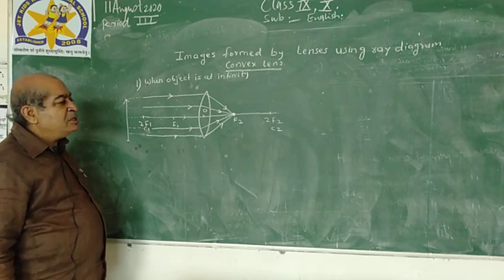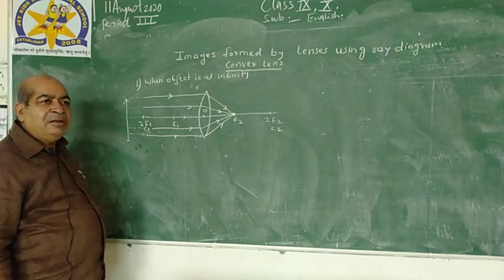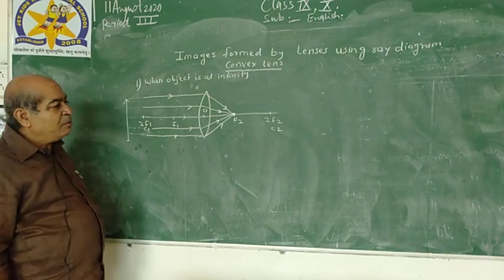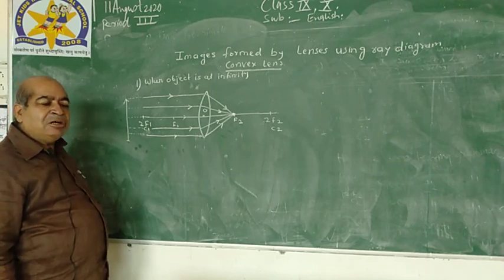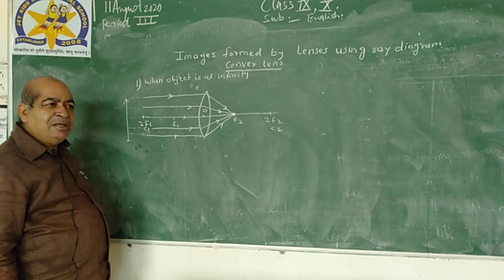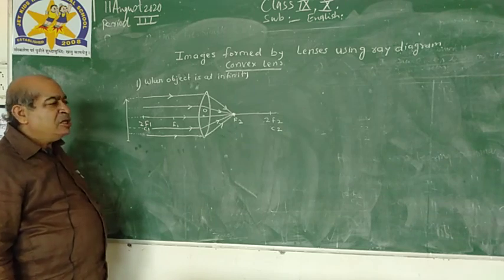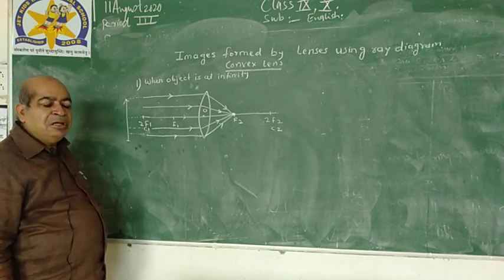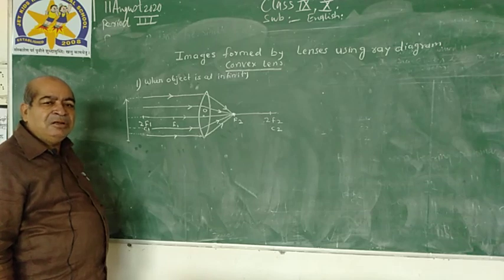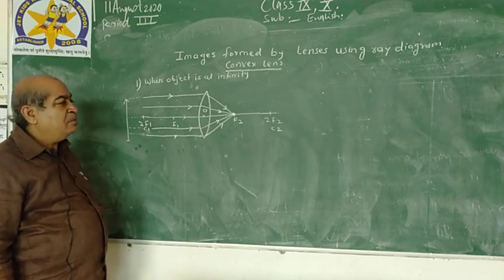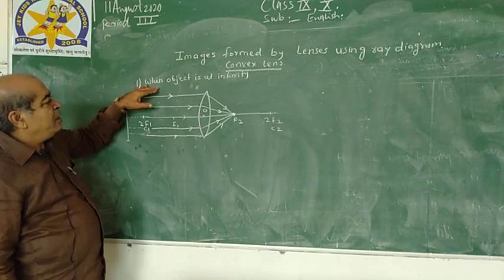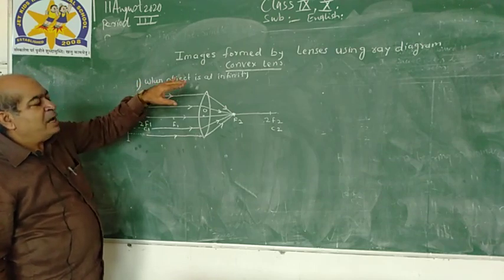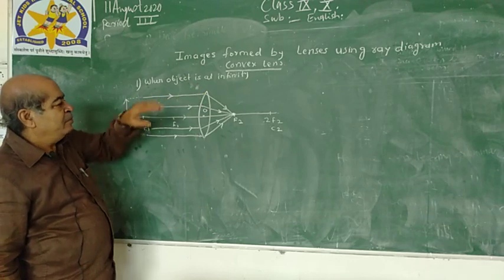Hence the image is formed at the principal focus F2. It is diminished and point sized, and the nature of the image is real and inverted. So this is the first position, when the object is at infinity.